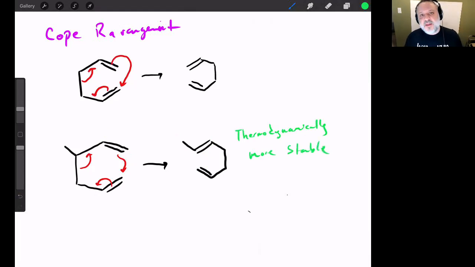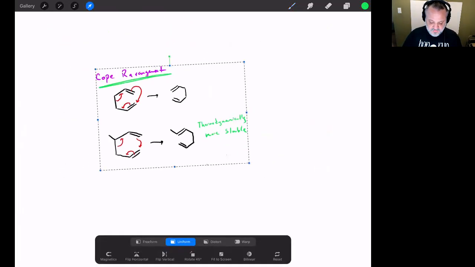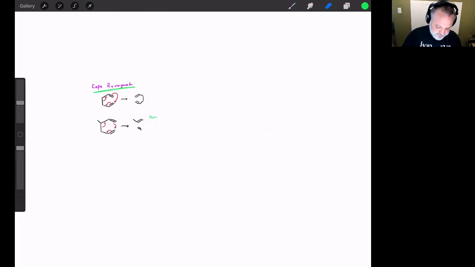And this is really the major consideration with Cope rearrangements. When you're presented with a reaction that's a Cope rearrangement, the driving force for all of them is that we're going to form a more substituted alkene. And that's it. That's it for Cope rearrangements.